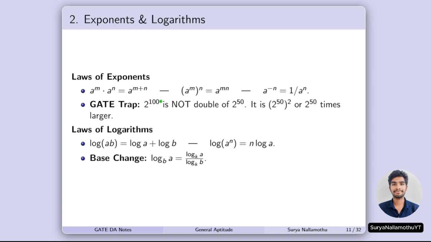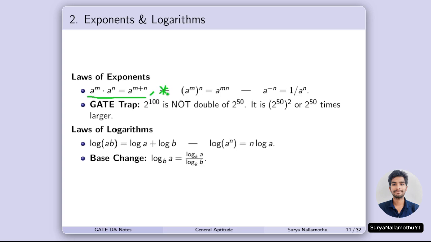Next, exponents and logarithms. It is very simple. Laws of exponents, we know in a very simple way. A power m into a power n is nothing but a power m plus n. So it is also the next form.